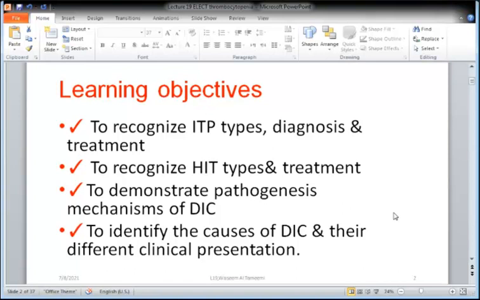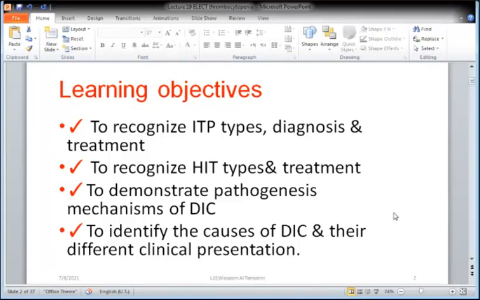It may also be due to poor bone marrow production, like in cases of aplastic anemia, myelodysplastic syndrome, or acute leukemia. And we have a rare cause of thrombocytopenia, which is hemodilution in case of massive transfusion. Whenever the patient receives a very high number of blood units, this may induce dilution of the platelet count, causing thrombocytopenia.